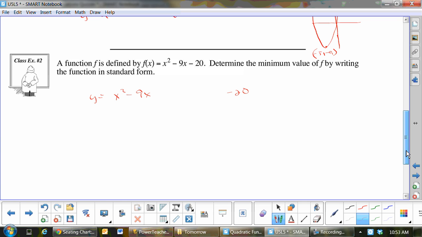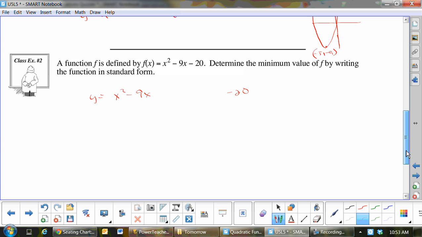Okay, Scott, what would I do? No. What do I do? Negative 9. Divide by 2, and then square it. Remember the rules? Divide by 2, then square it.